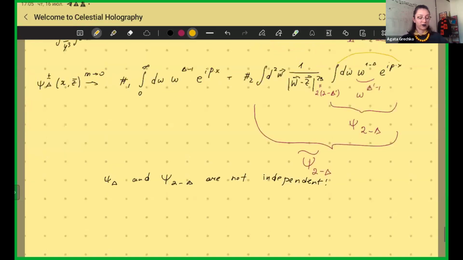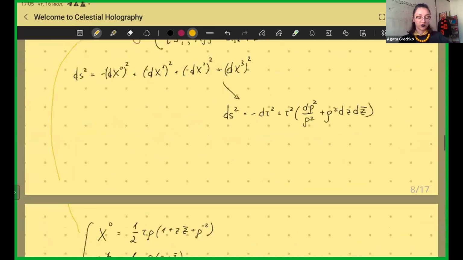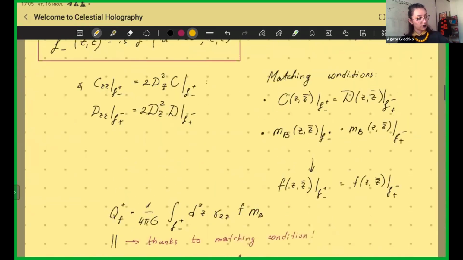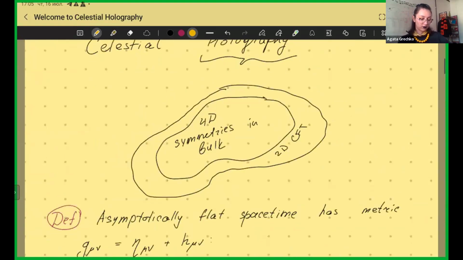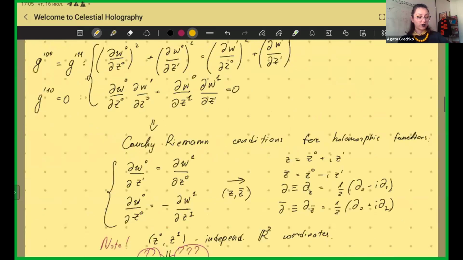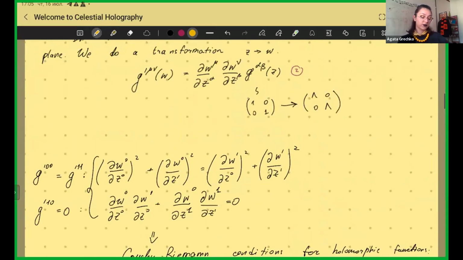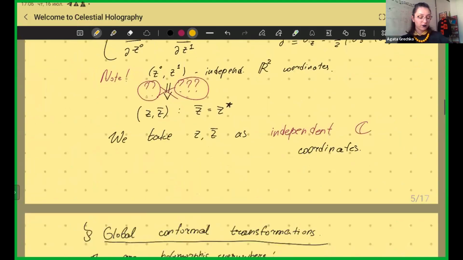Remember the operator product expansions that should appear in any CFT we're studying. We will talk about the algebra appearing from these OPEs, which is called the W1+infinity algebra, and I think now it's one of the central objects of studying celestial holography.